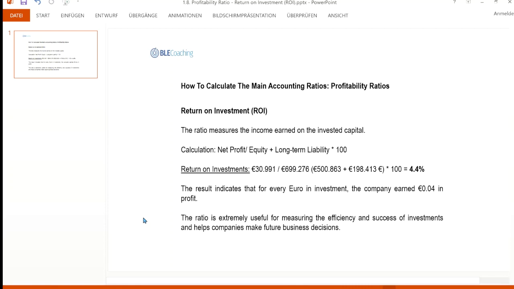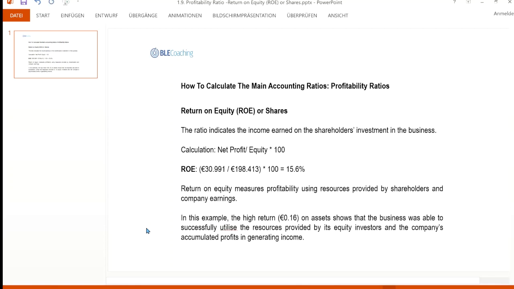So the result indicates that for every euro invested, the company earned 4 cents in profit. The ratio is extremely useful for measuring the efficiency and success of investments and helps companies to make future business decisions.